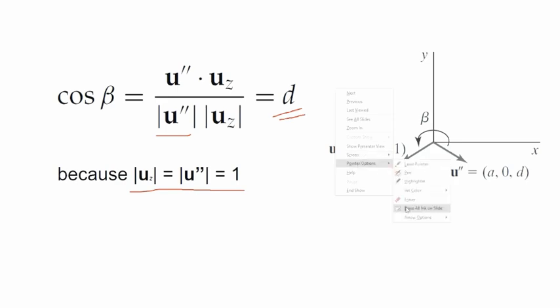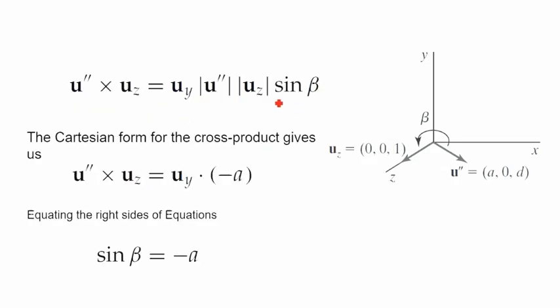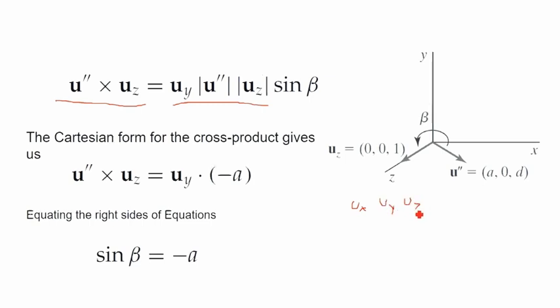Similarly, for the cross product, sin beta will be equal to the magnitude of u double dash cross uz divided by the product of the magnitudes, which are 1 and 1. Applying the cross product between a 0 d and 0 0 1, the ux term becomes 0, the uy term becomes uy into a minus 0, and the uz term becomes 0.